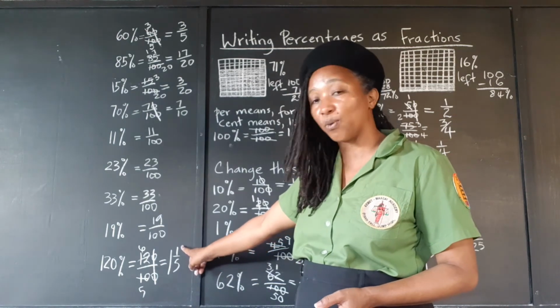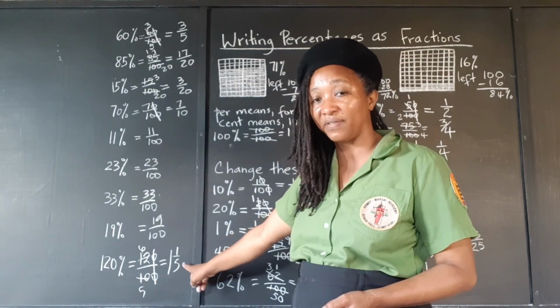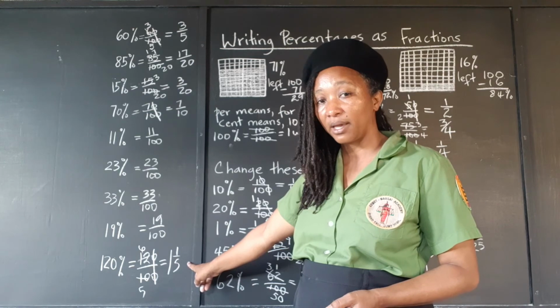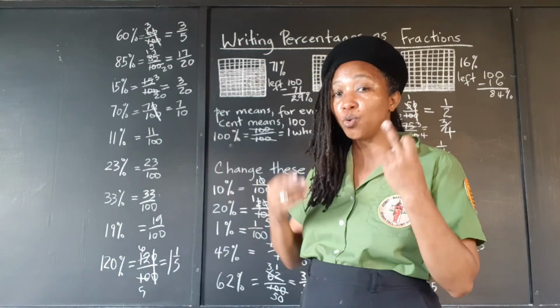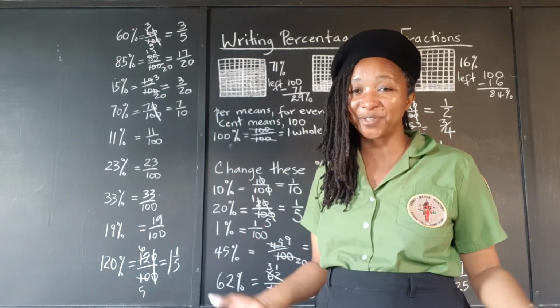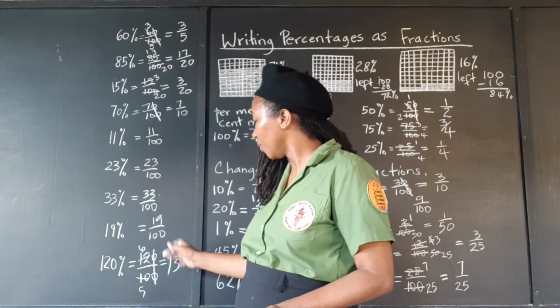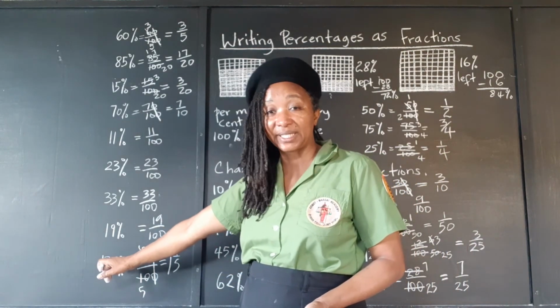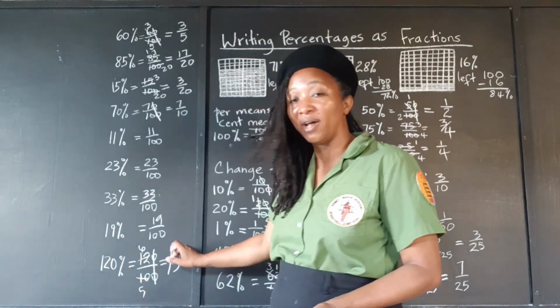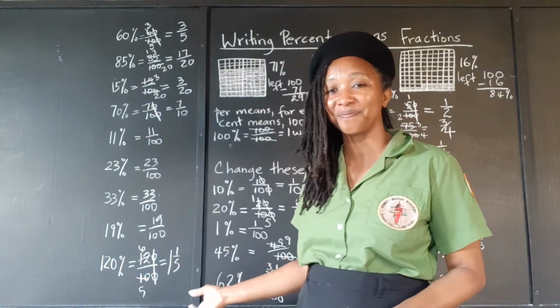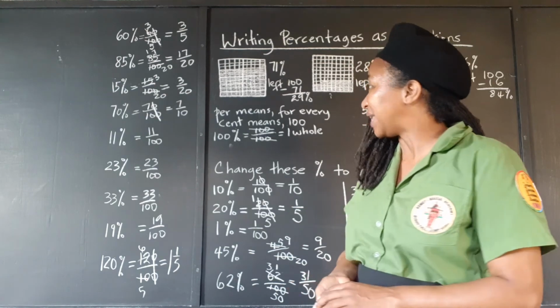We have completed one part out of 5 parts of that whole. Okay, moving our way up to 2 wholes, which would be 200%. So 120% is one whole and 1/5 of another whole. Okay, guys?